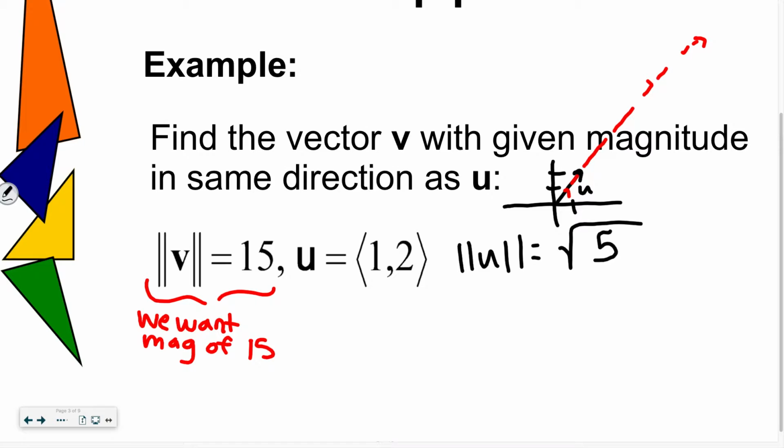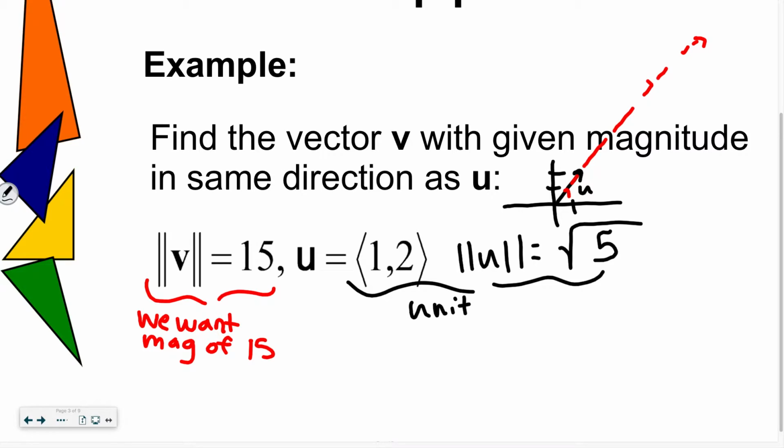Now, I'm going to do that in 2 steps: find the unit vector, then multiply by my desired magnitude. But some of us may think, well, I'm just doing multiplication, I could do that in 1 step, right? Multiply by the desired magnitude over the magnitude of u. But I'm going to go ahead and find the unit vector.